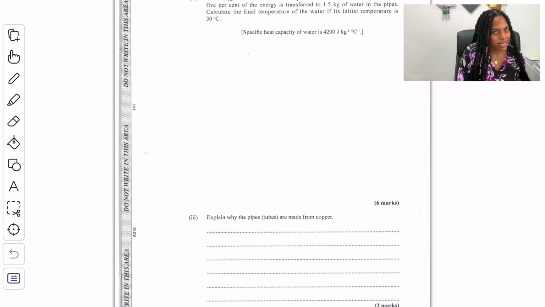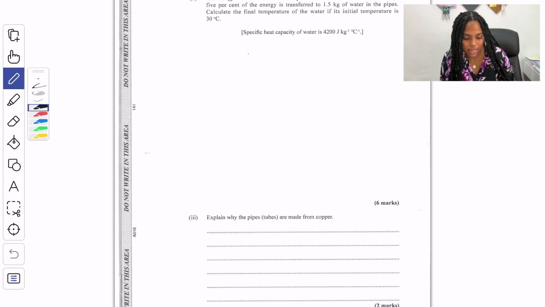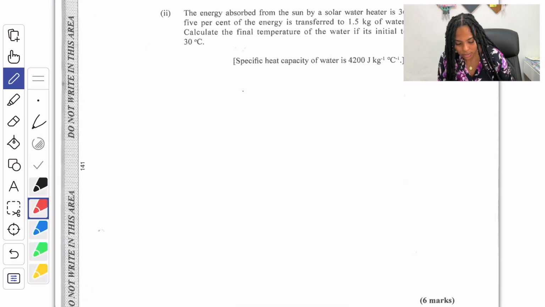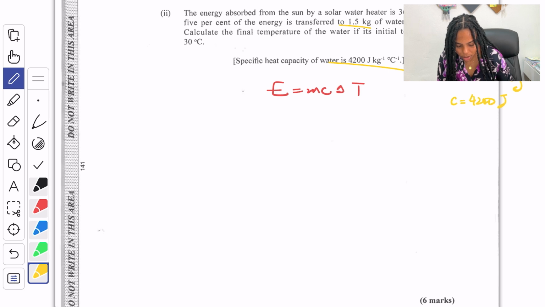So something is heating up, so we're automatically thinking E is equal to mc delta T, or E is equal to mc delta theta, however you feel to write it. Now we see the mass, which is 1.5 kilograms. We see C over here, which is 4,200 joules per kilogram per degree Celsius.